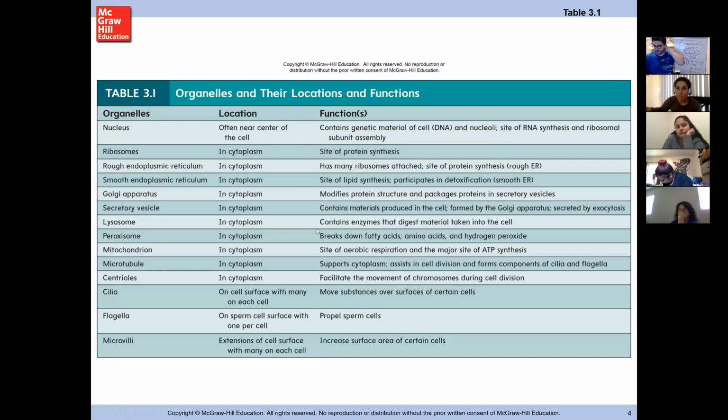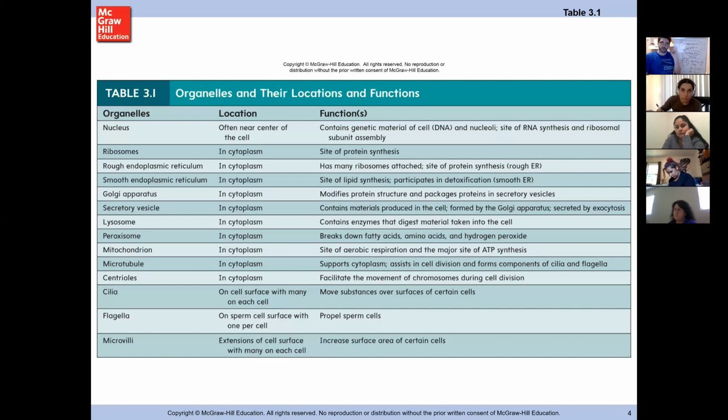Peroxisomes. Peroxisomes are pretty cool because they're kind of like the hazmat waste crew. Peroxisomes can break down things like fats, amino acids, and more importantly, things like oxygen-based free radicals, or what we call reactive oxygen species. I'm going to put that in the chat up here. So reactive oxygen species, also sometimes referred to as ROSs.